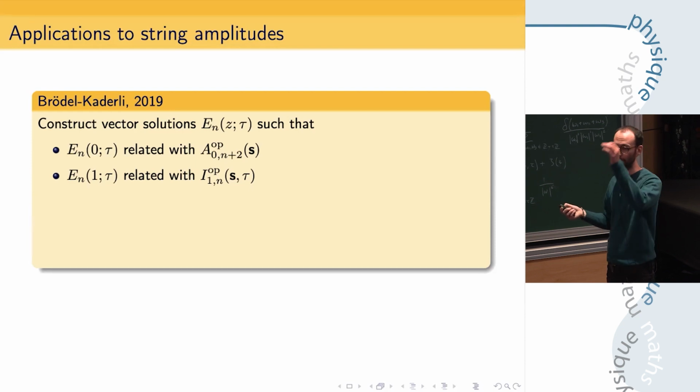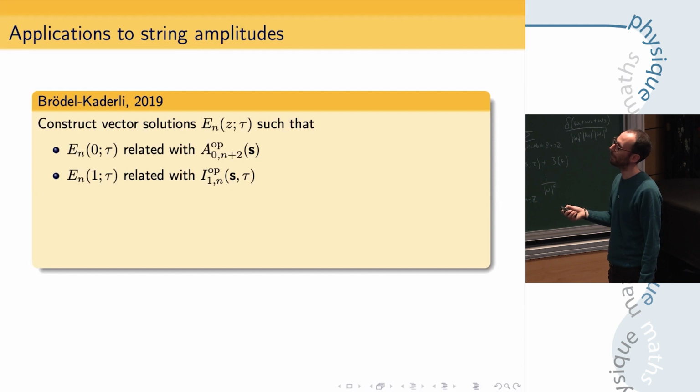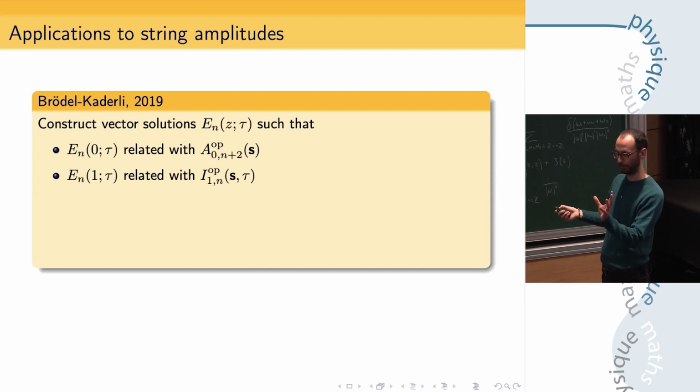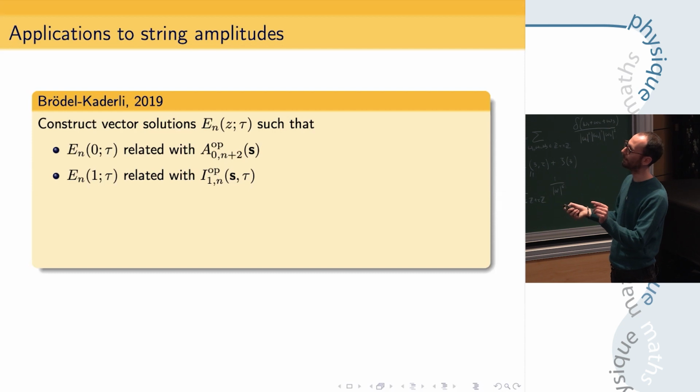Now they're infinite vectors, in fact, and they noticed that they satisfy the KZB equation, and if you specify the special values 0 and 1, they will be related on the one hand with A0 n plus 2, so the genus 0 amplitude, and on the other hand with this I, which is the configuration space integral in genus 1, but with fewer punctures. So you have I1n, and here you have A0 n plus 2.